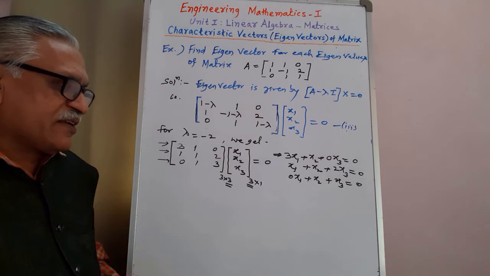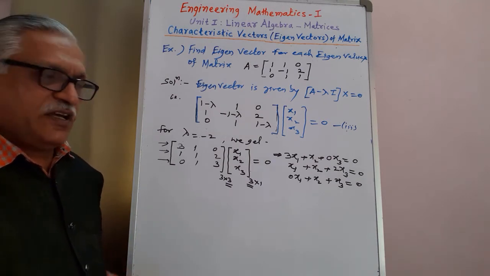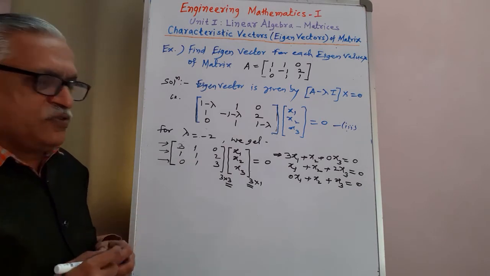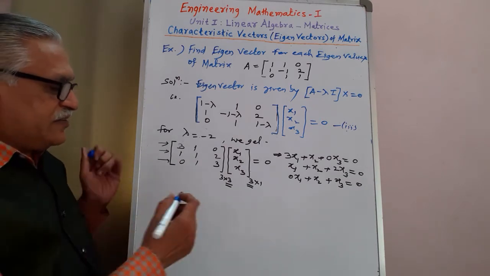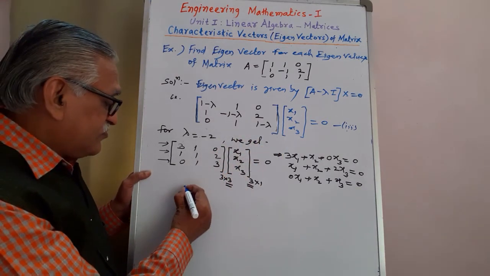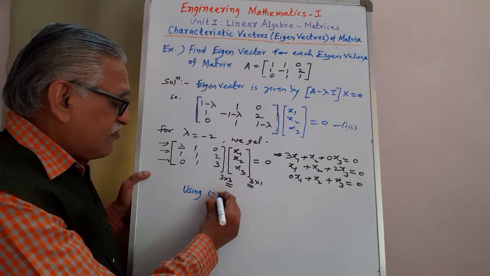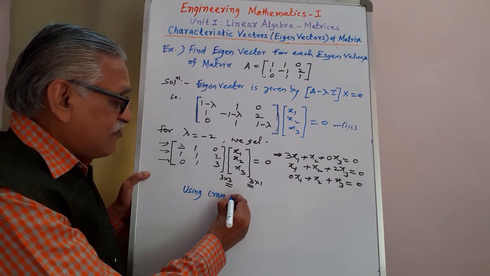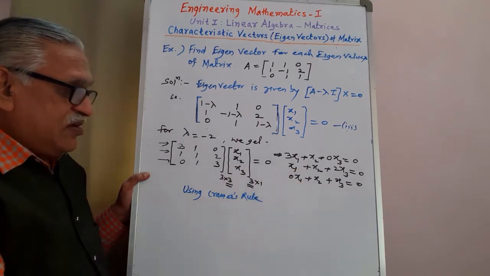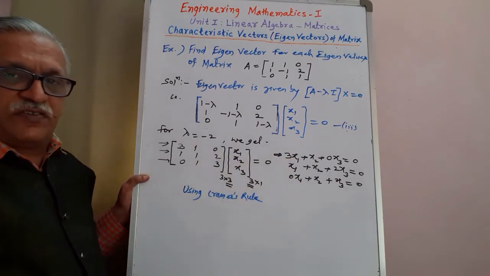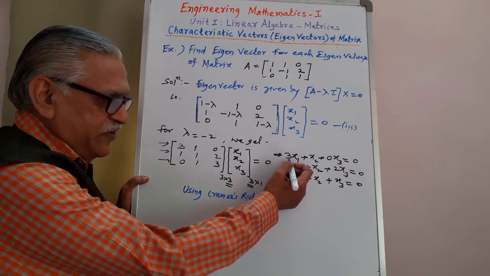Here I am not using the canonical form technique to determine this non-zero solution. Instead of that, we use the technique from determinants, that is Cramer's rule. We consider any two equations out of these three: first two, last two, or first and last.